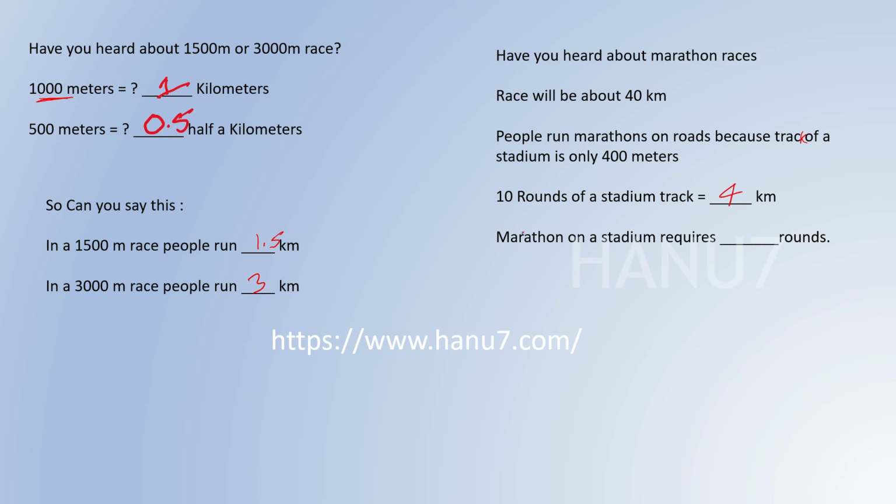How many rounds will you do? 10 rounds. So 10 into 400 is equal to 4000 meters. 4000 meters means, again, 1000 meters is equal to 1 kilometer, so 4 into 1 kilometer is 4 kilometers.